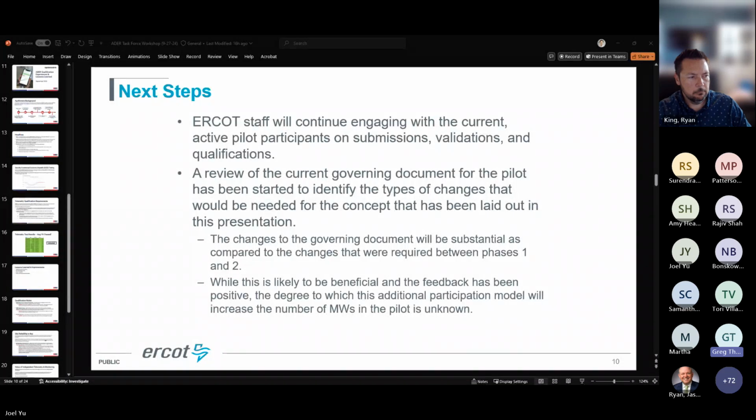I can get to this when we give our update, but the punchline is, if we're trying to identify things that are discouraging participation, real-time telemetry and SCED dispatch are two big hurdles, and there are a lot of really well-suited distributed storage devices that can follow primary frequency response up and down. If we're able to obviate the need for a 5-minute dispatch, that could encourage third-party participation.